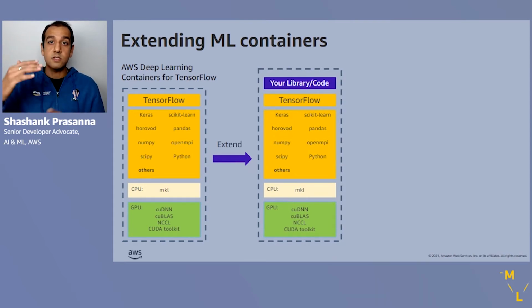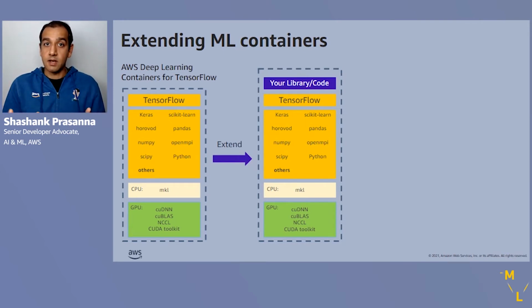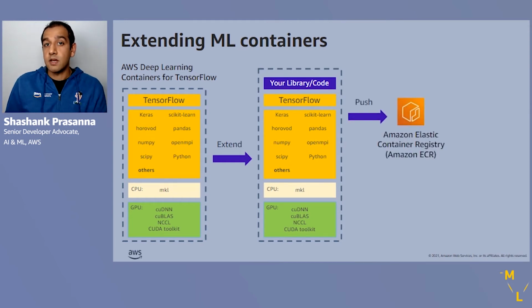And it works in a layer system, so you can keep adding your custom code on top of the container that you pull. And once you do that, you can save it in a registry. A registry is a location where you can save these images, and that way you can share it with others and use it to run it on a cluster where you can be confident that your environment is reproducible.